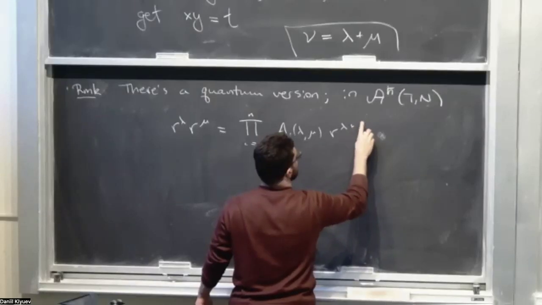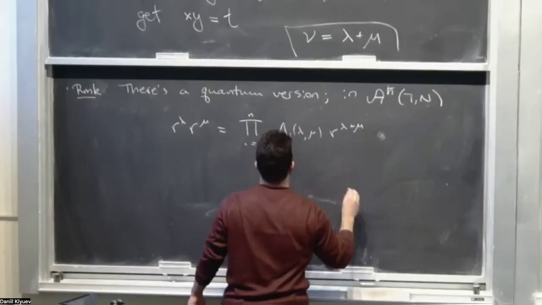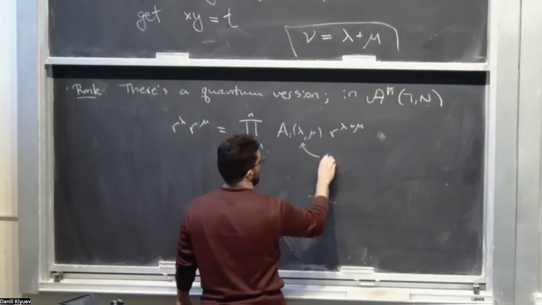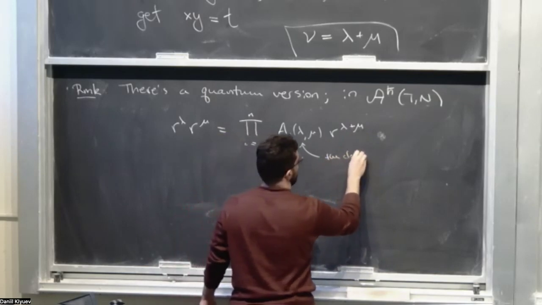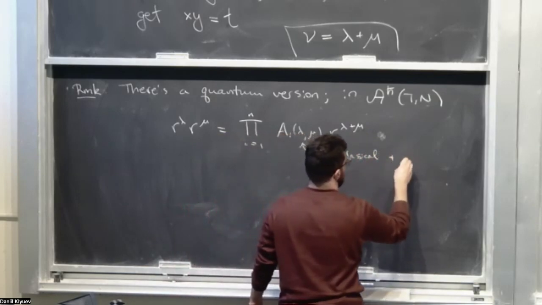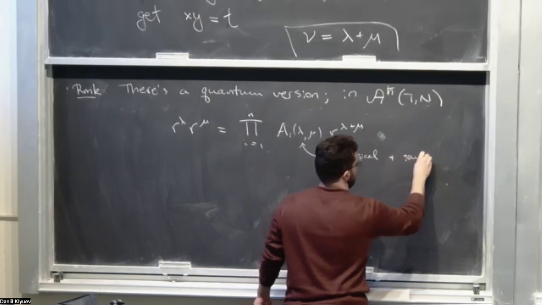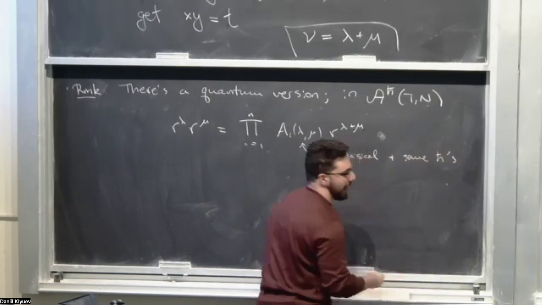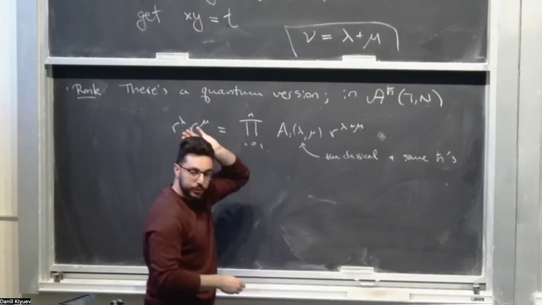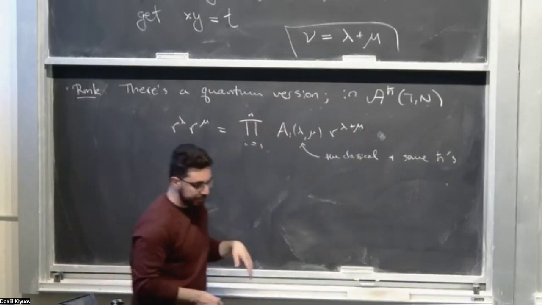And this something is the classical one plus some H bars and some halves, which are coming from the loop rotation acting by weight a half.